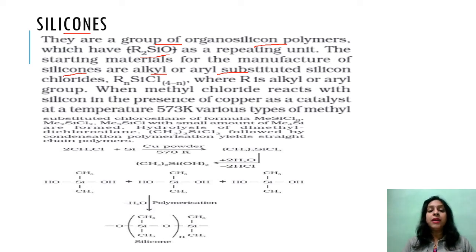This is a main formula of silicons, that is Rn, N number of alkyl group SiCl 4 minus N, जितना भी R होगा उसको 4 में से माइनस कर देंगे, that will be the formula of SiCl. ठीक है, where R is the alkyl or aryl group.